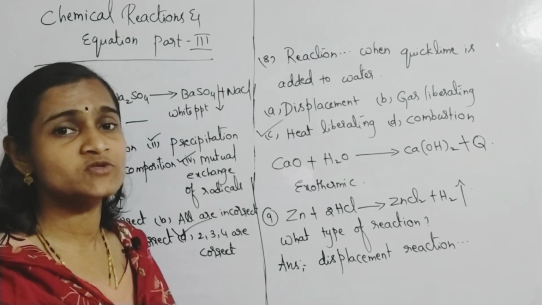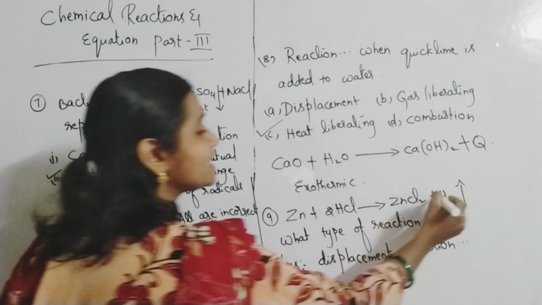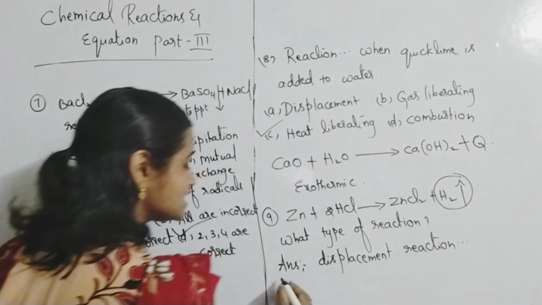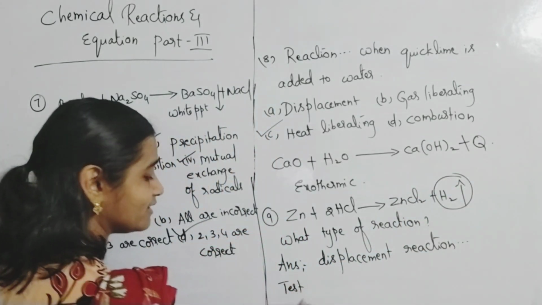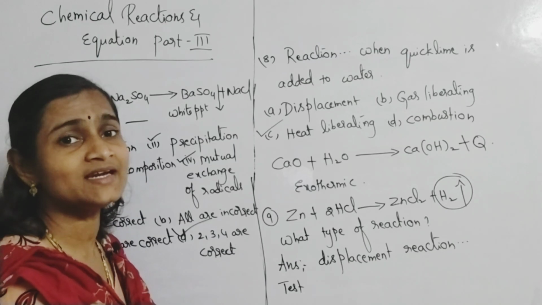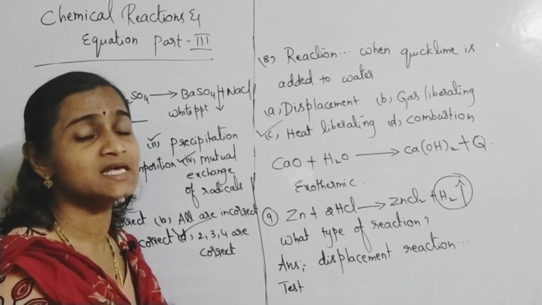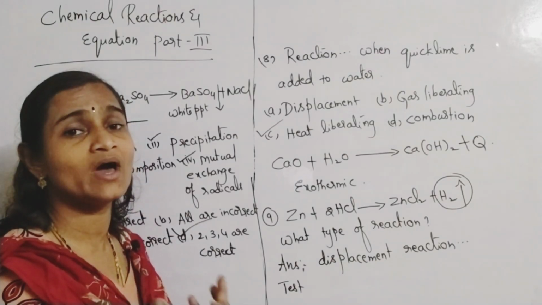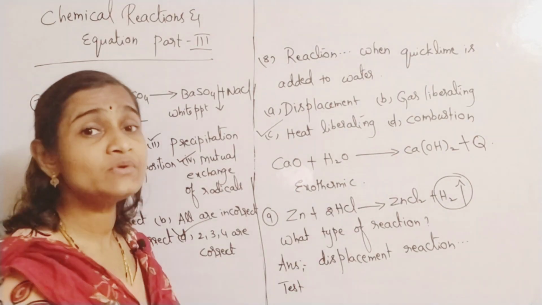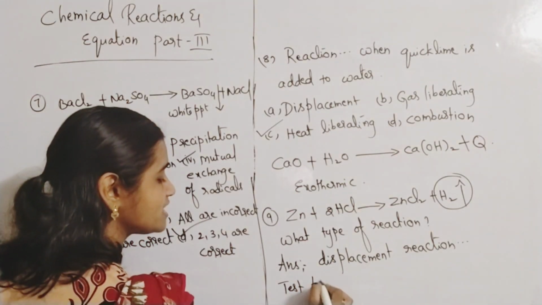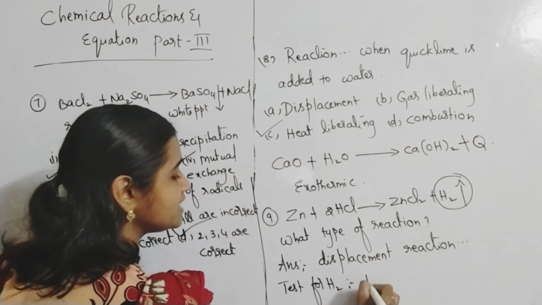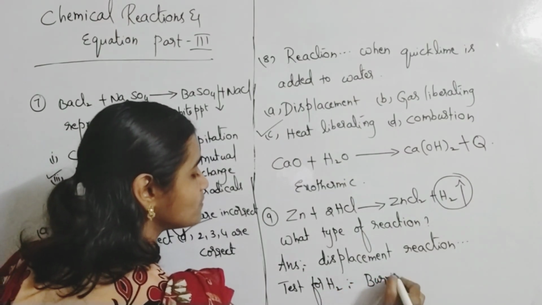Here the gas liberated is hydrogen, so you have to identify the test for hydrogen gas from the 4 options. The test for hydrogen gas is that a burning splinter puts off with a pop sound.